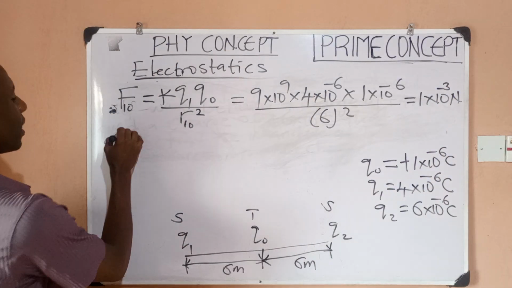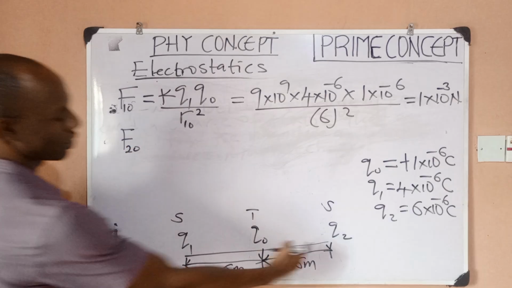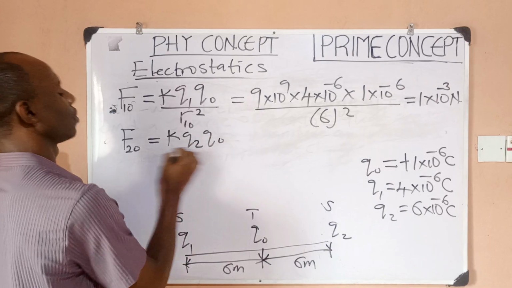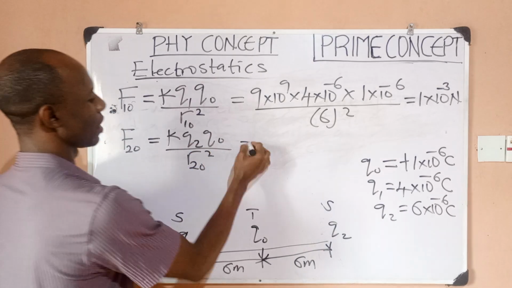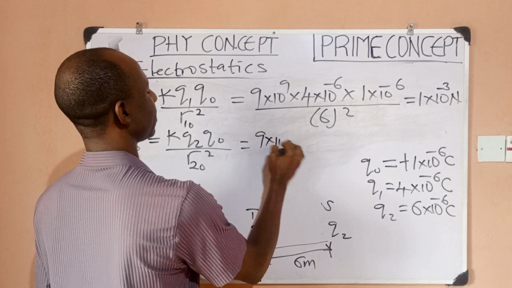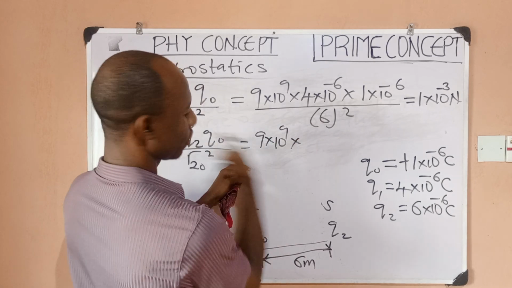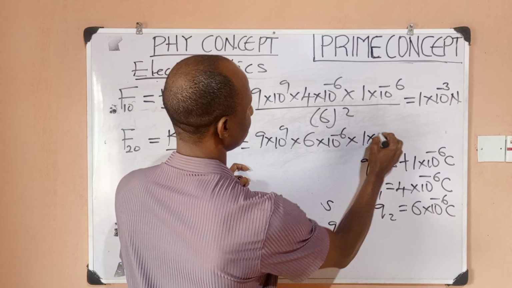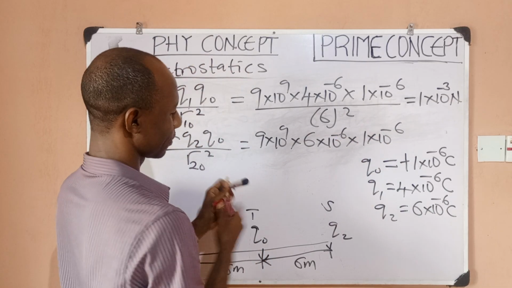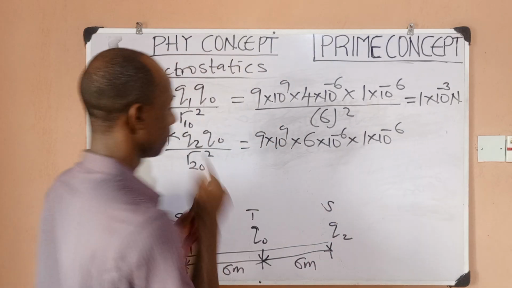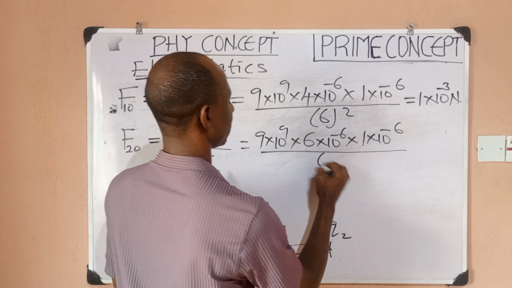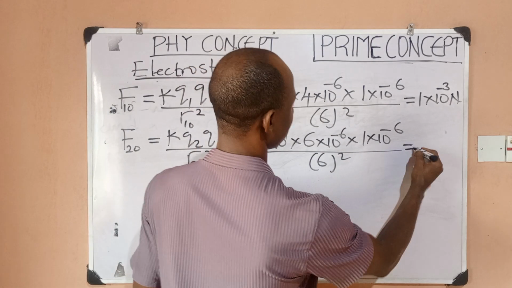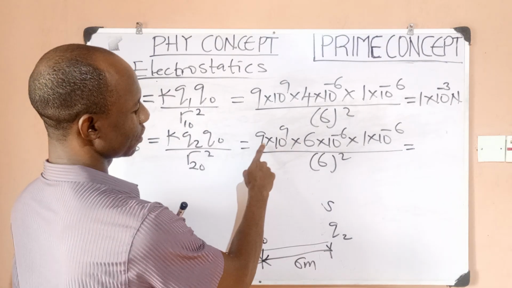The next thing I want to find is F20, this and this, which is K Q2 Q naught over R20 squared. So if I do this, I'll have 9 times 10 to the power 9, then Q2, 6 times 10 to the power minus 6, then 1 times 10 to the power minus 6, divided by 6 squared, because the distance here is also 6.